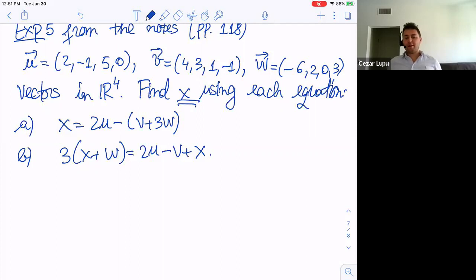Well, it looks like everybody agrees with the vector. Yes, it's a vector. It's quite clear. Since u and v and w are vectors, and you have an equation in terms of the vectors, there is no way for that x to be a scalar. It has to be a vector, right? Okay.